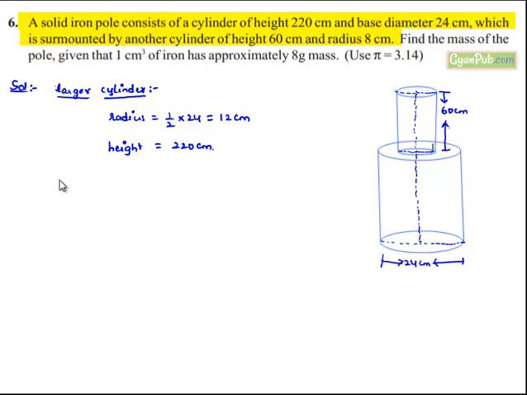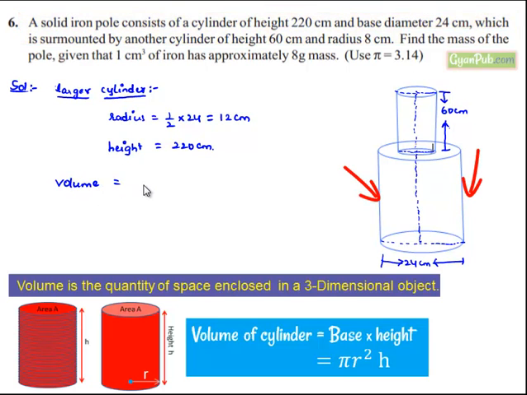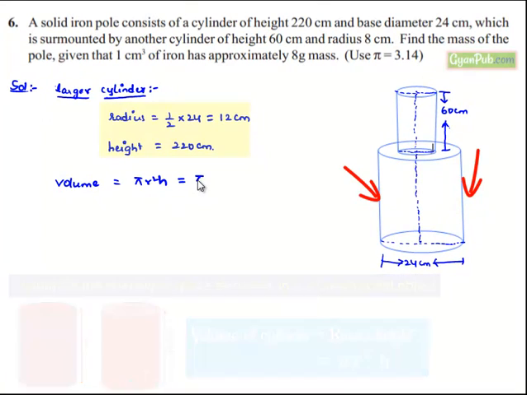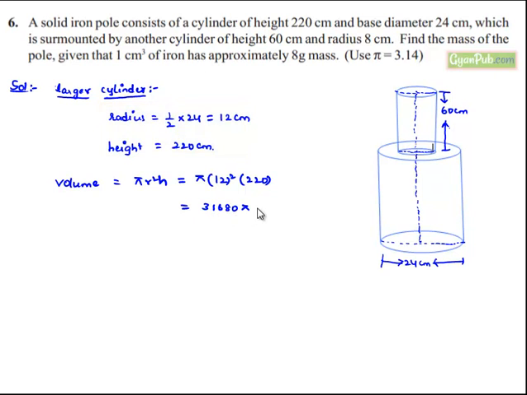Now let us find the volume of this cylinder, which will be equal to pi r square h, that is pi into r square, 12 square, into 220, which is equal to 12 square is 144 and 144 times 220 is 31680 pi centimeter cube. So let this be V1.